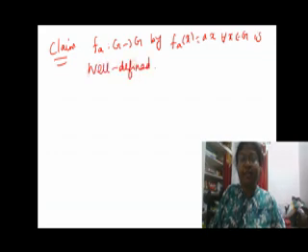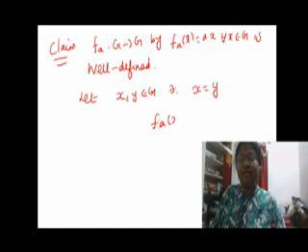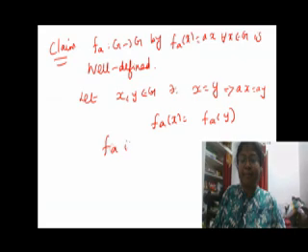For proving that, let me take two elements from G. Let x, y belong to G, and let x be equal to y. Then from here itself we can tell ax is equal to ay. Therefore f_a(x) is equal to f_a(y). Therefore, f_a is well-defined.